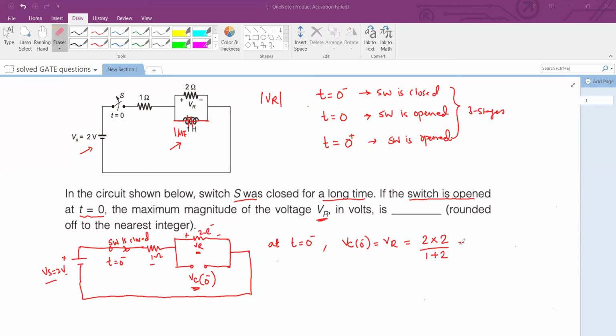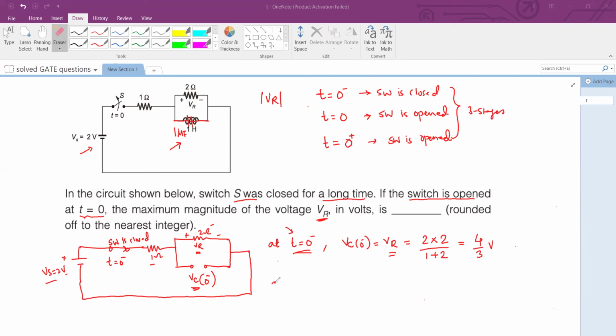That gives you 4 by 3 volts. This is the voltage at t equal to 0 minus. We have found VR here, but we are asked for its magnitude when the switch is opened at t equal to 0.